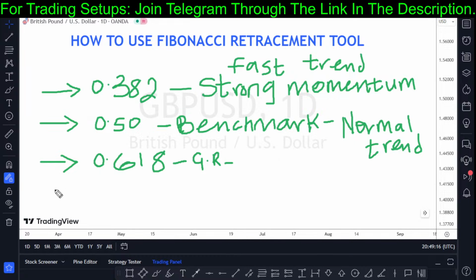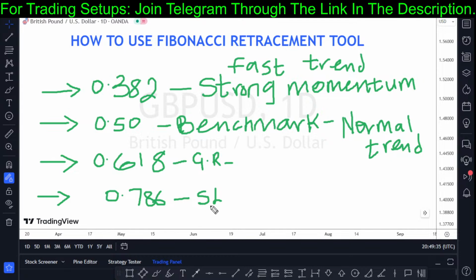And we have the 0.786. Here you use this level most of the time to set your stop loss.